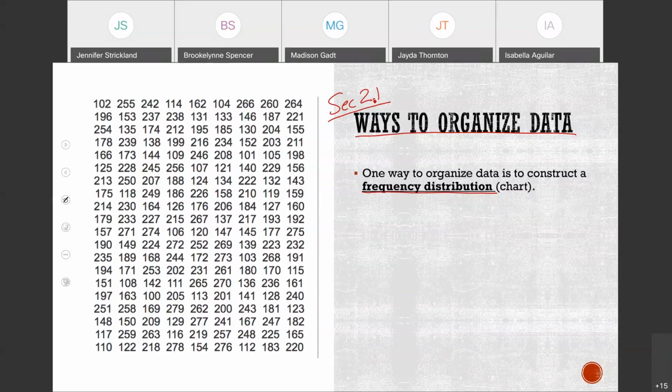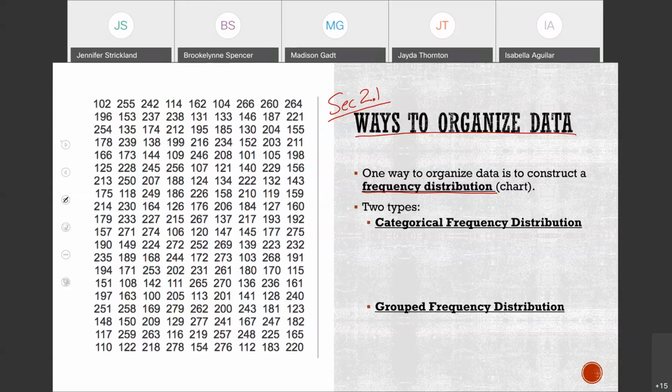A frequency distribution is just a chart. It's going to have columns. We're going to put some information underneath each column. There are two types.